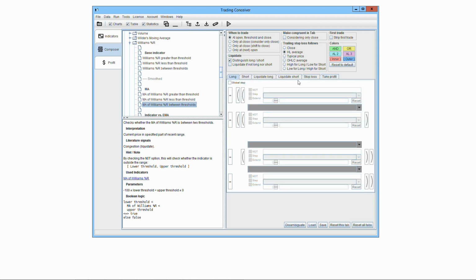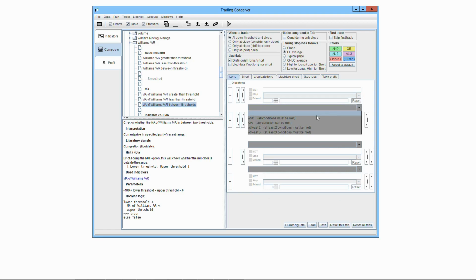For the long, short and liquidate, each tab consists of the following slots. 4 slots, similar to those of the indicators. Here you put the elementary trading algorithms you want to consider. Logical operators: here you select how to combine the elementary trading algorithms by selecting the logical operator between them.